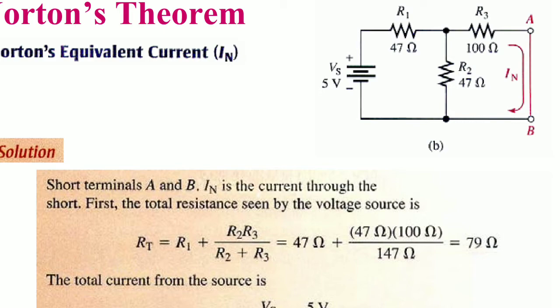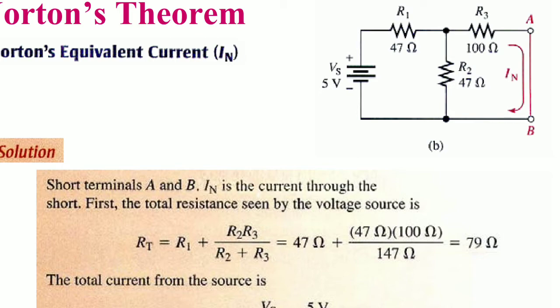Seeing from the A and B terminals, we can calculate the total resistance or Norton's resistance.